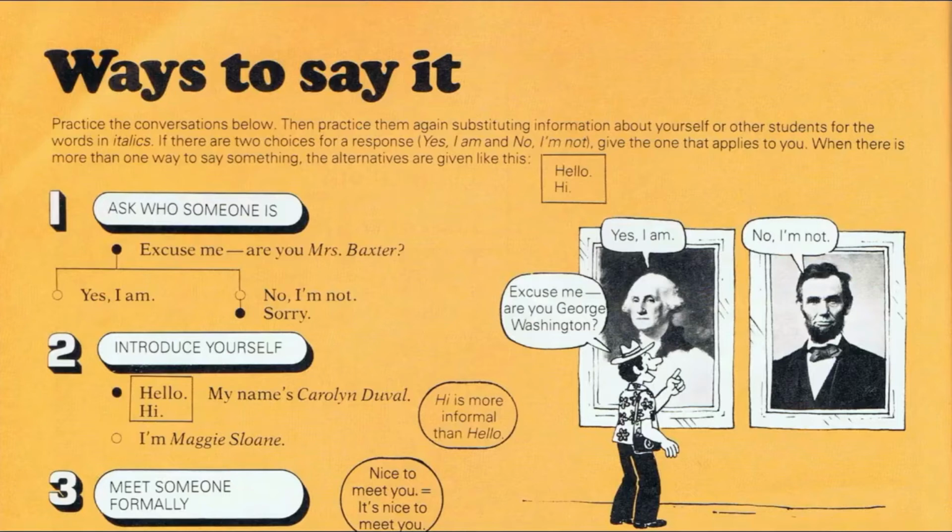Or we can say, hi, my name's Carolyn Duval, then the other person can say, I'm Maggie Sloane, or can use another name, can say, I am Julia Nelson, any other name. Yeah? So, I guess this is clarified now, right?